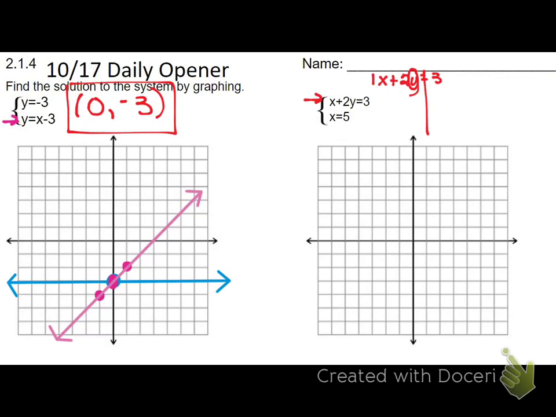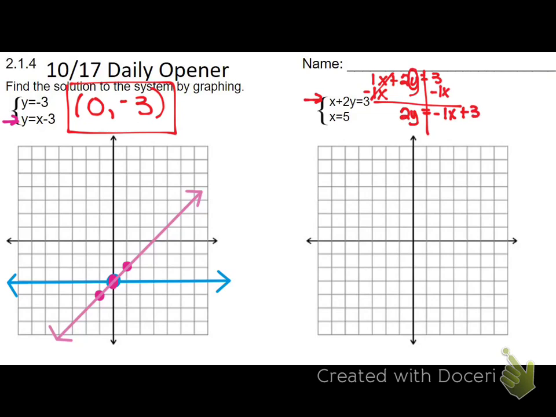Minus 1x. Yep, minus 1x on both sides here. That cancels. So then I have 2y equals negative 1x plus 3.